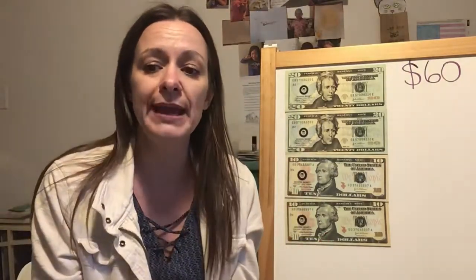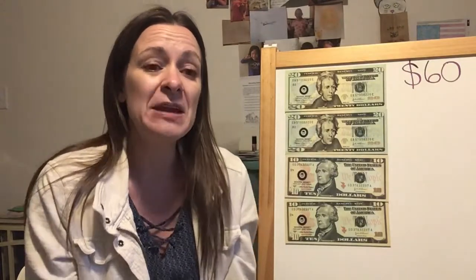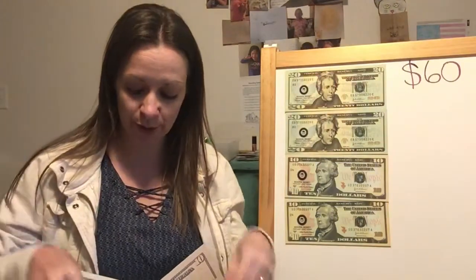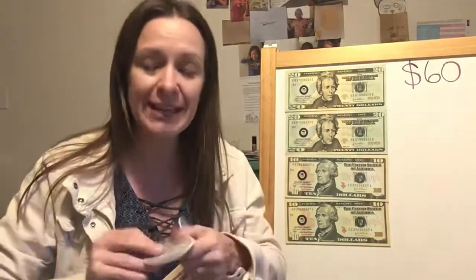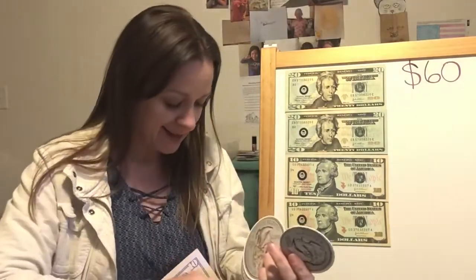So just do the one page, page 157, and then practice with those coins. Practice knowing that your quarter is worth 25 cents. Practice knowing that a nickel is worth 5 cents. Practice that my dime, that smallest coin, is worth 10 cents. And practice knowing that your penny is worth 1 cent.